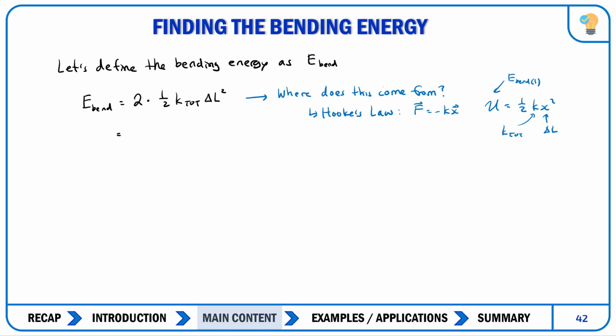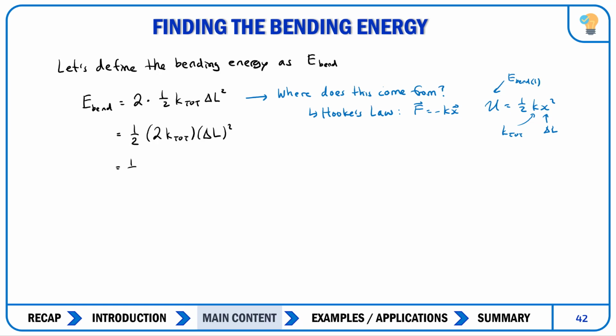So all we have to do now is just plug things in. We have k total, and we just want to rewrite things like this. We have 1/2 times 2 k total delta L squared, and there's a reason why we're doing this, because we can define certain expressions as different terms.